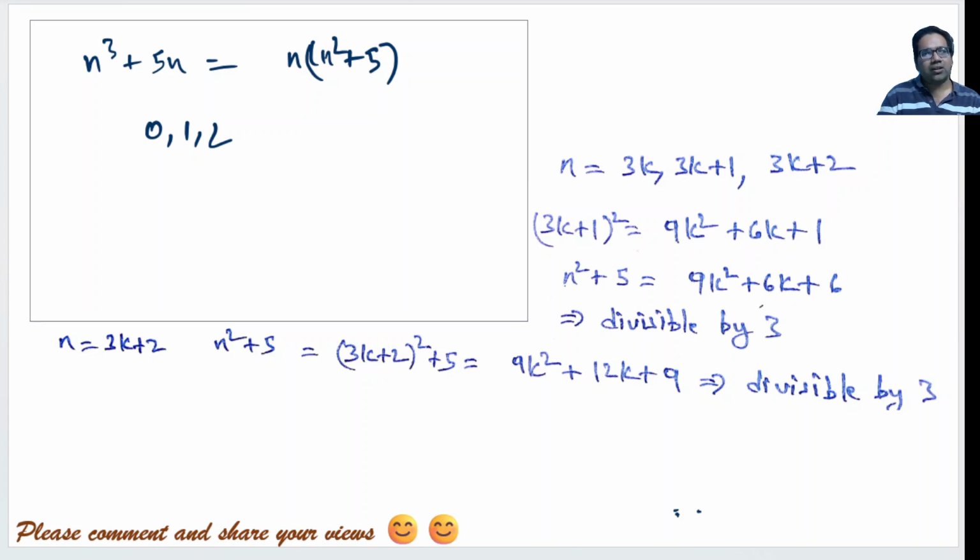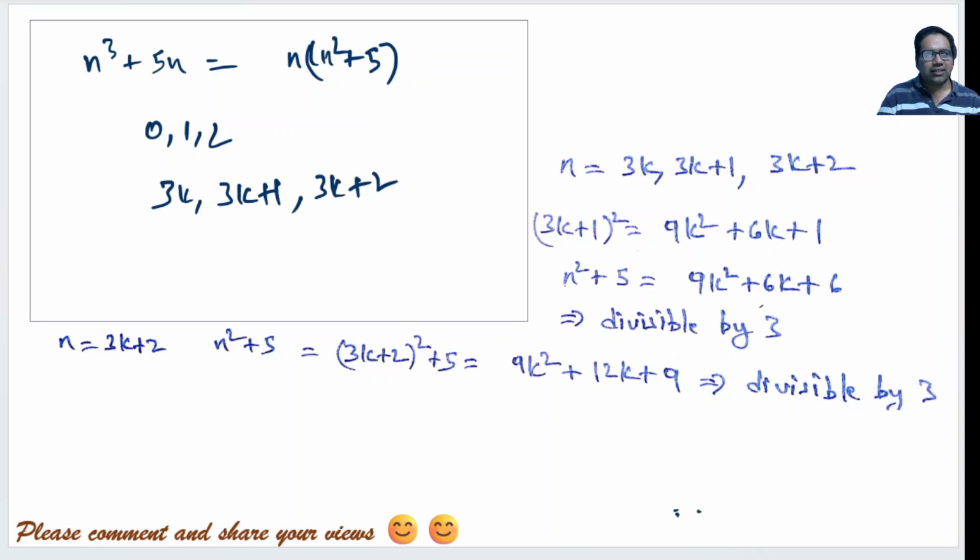There is no way it can leave a remainder of 3 or 4 or 5. So n can be 3k, in which case it will leave remainder 0, or 3k plus 1, or 3k plus 2.